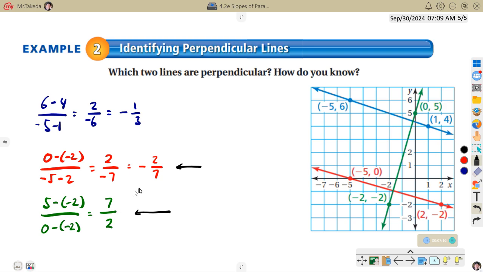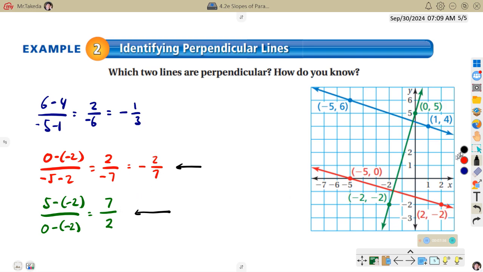Let's look at these slopes and see if we can explain opposite and reciprocal. They're opposite because one of them is negative and one is positive. When we say reciprocal, you can see the fraction 7/2. If I swap the numerator and denominator, I would have 2/7.